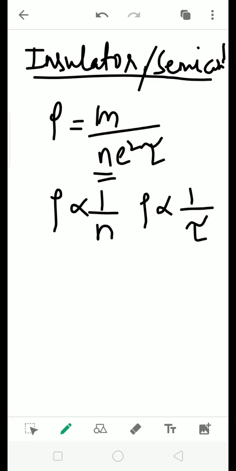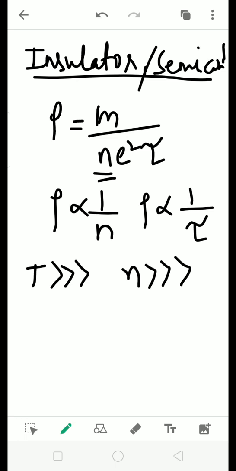So what happens with the increase in temperature? When temperature increases, in case of insulators or semiconductors, the atoms and their covalent bonds will break, and the number density, that is the number of charge carriers, will also increase.